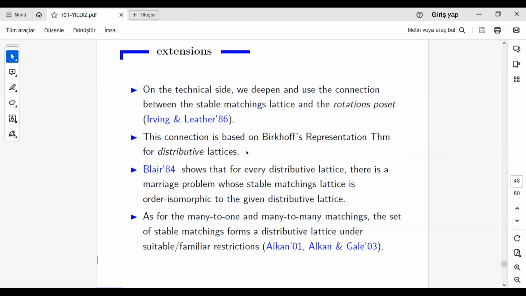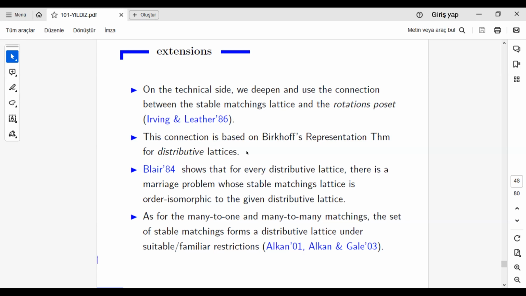The underlying mathematics of this work rests on the Birkhoff representation theorem for distributive lattices, okay, from 80 years ago, which says that no men, women, or individual agents which are being matched with each other, but if you take any lattice, abstract lattice, if it is distributive, then it has a set of generators called the join irreducible elements of the lattice, and one can generate the entire lattice by operating on these generators.